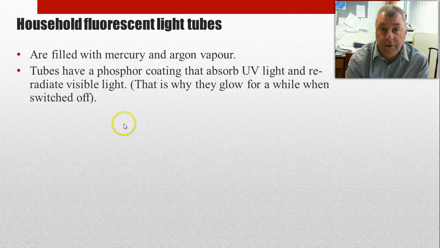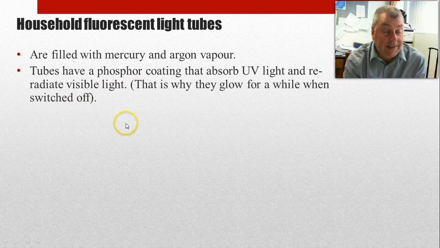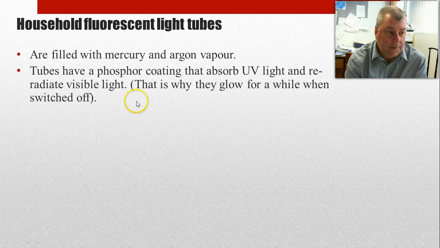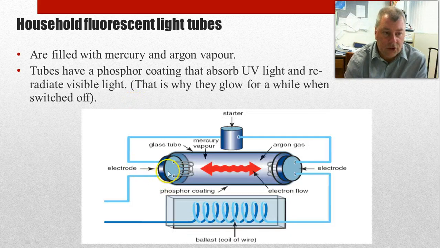And so when you turn off a fluorescent tube in complete darkness, you will then see that it glows for a little bit, and that's the phosphor coating. Now, the basic construction of them is pretty straightforward. You have 2 electrodes, and you have a high voltage going between the two.